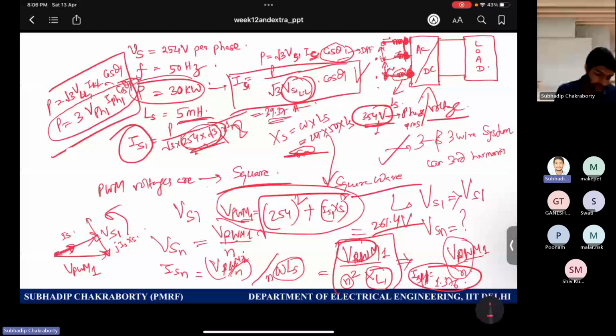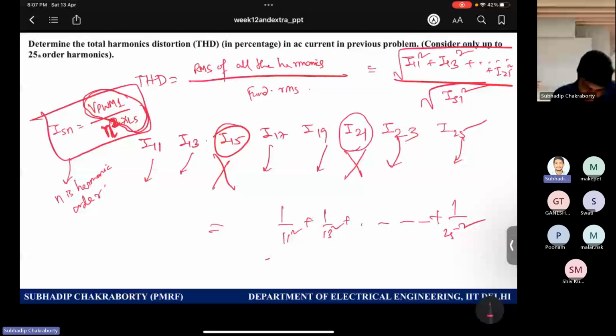So 1 by 11 square plus 1 by 13 square, and proceed like this up to 1 by 25 square. VPWM1 by XLS is common and comes out, and this is within the root, divided by IS1, which is 39 amperes. So you calculate this, what is coming?